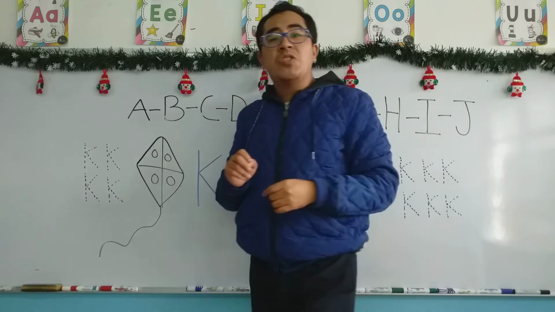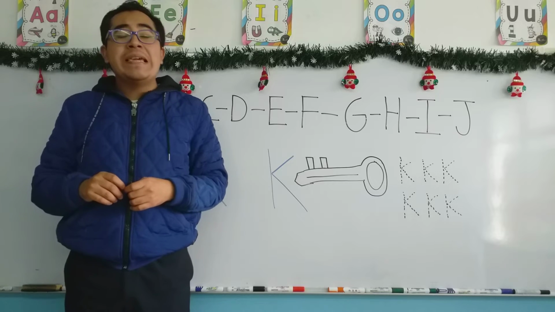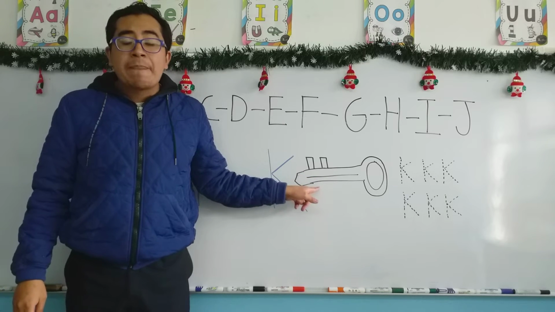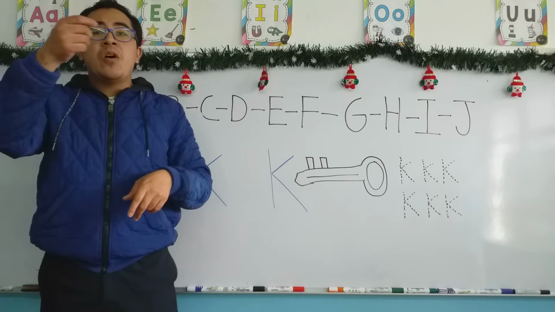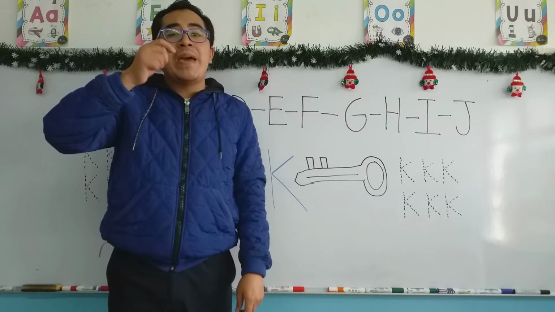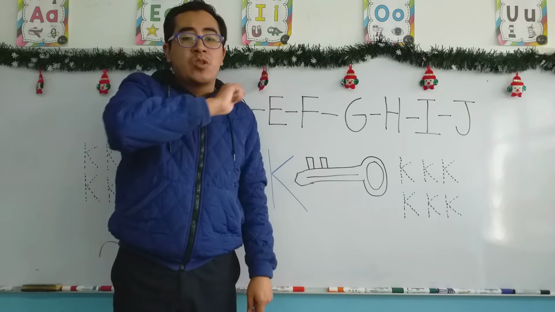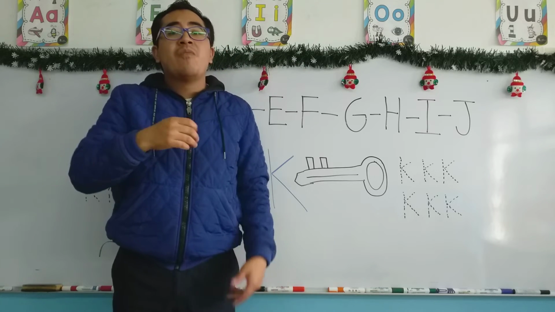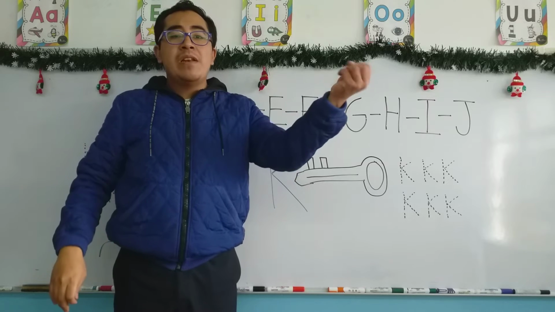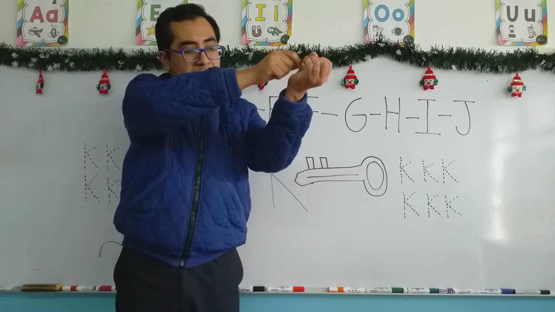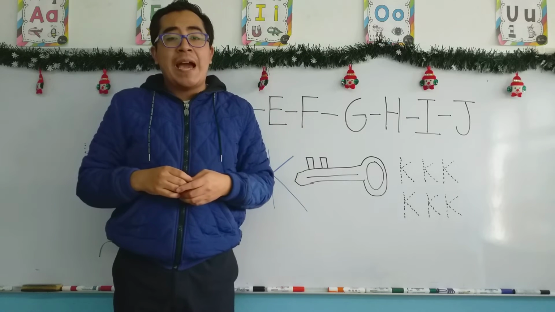The second object are the keys. Now here it's only one, it's called key. The key, it's an object that is made of metal and we use it to unlock a door because doors for our safety must be locked. So we use a key to unlock it. Key in Spanish, llave.